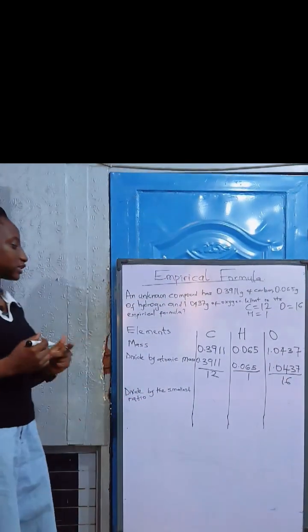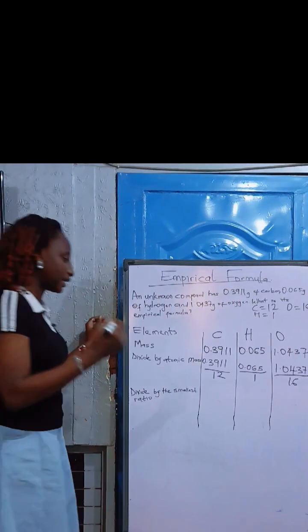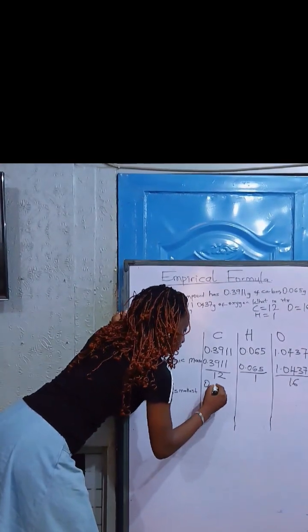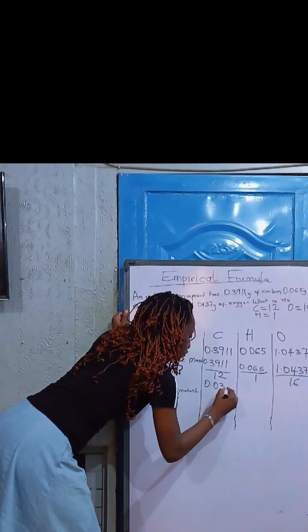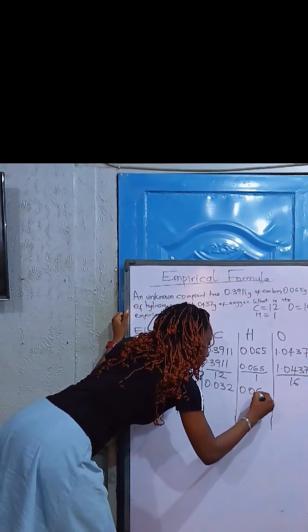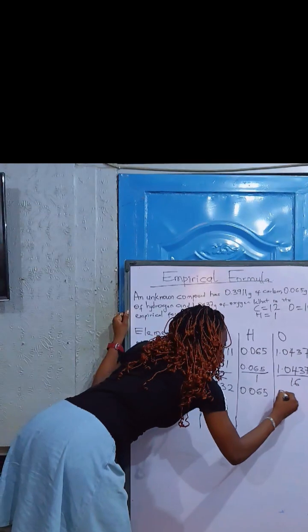By the time you punch this into your calculator, you write your answer, which is 0.032, 0.065, and 0.065.